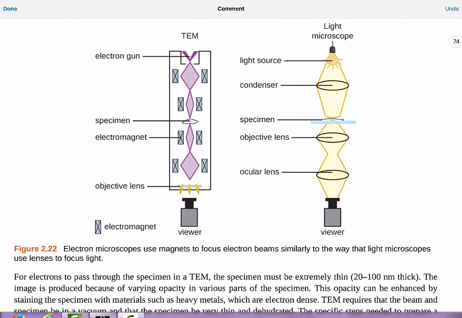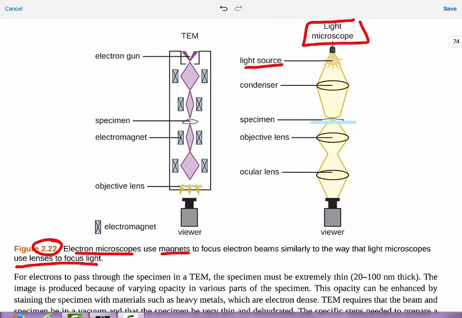All right, so we have our figure here, 2.2. Electron microscopes use magnets to focus electron beams similarly to the way that light microscopes use lenses to focus light. Over here, we have our example of a light microscope. We have our light source, right? It's shining.